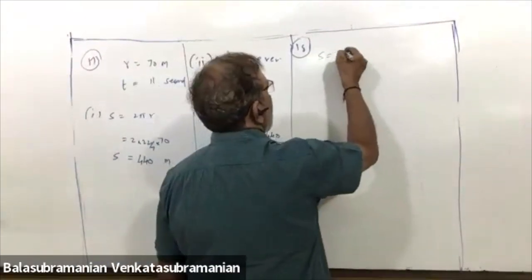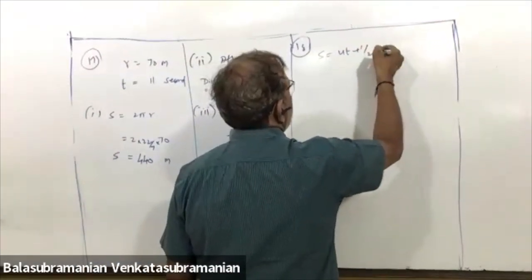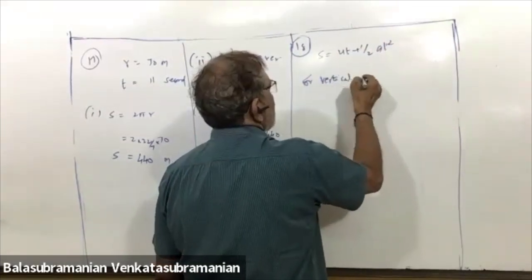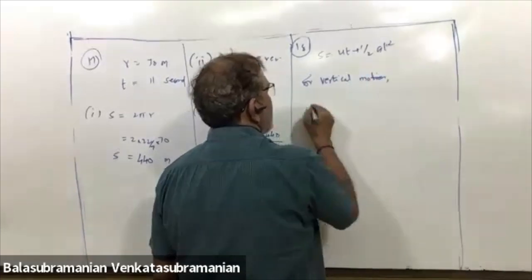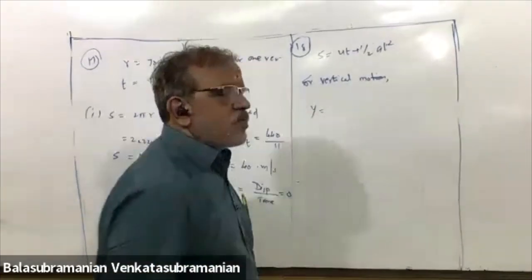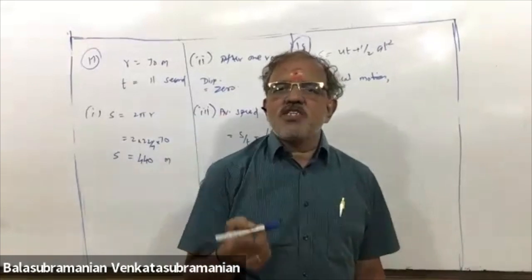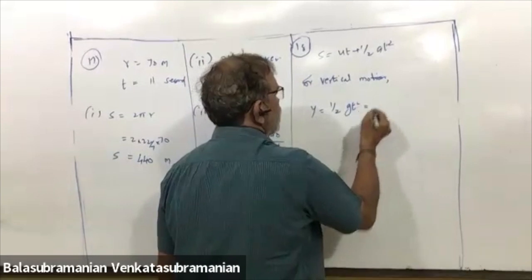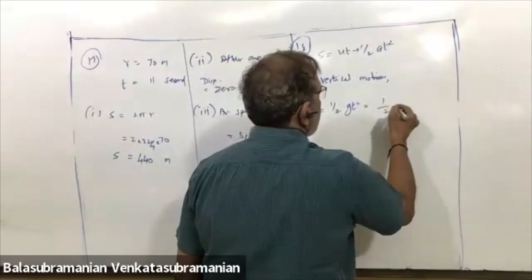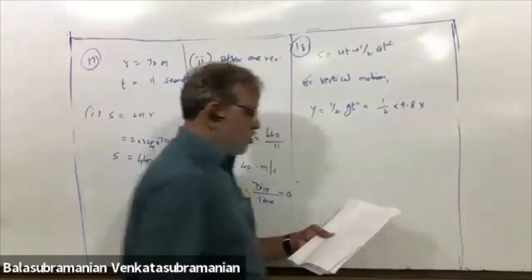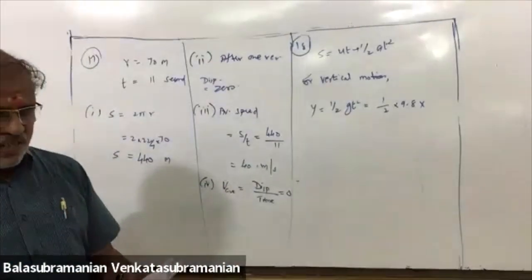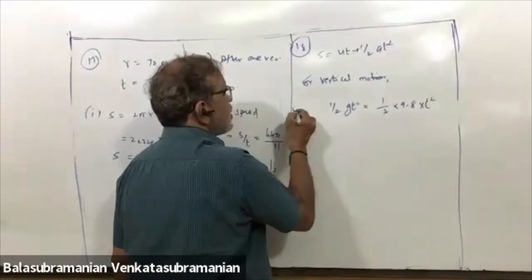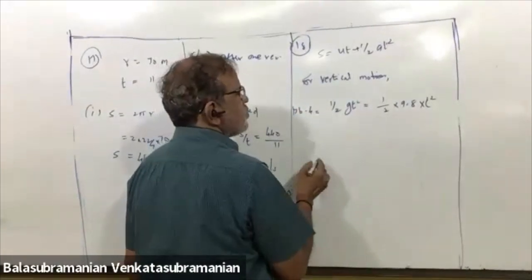We know the formula S is equal to ut plus half at square. Dropped means vertical motion, so u is equal to initial velocity 0, a is equal to g. So half g t square: half into 9.8 into t square is 176.4.